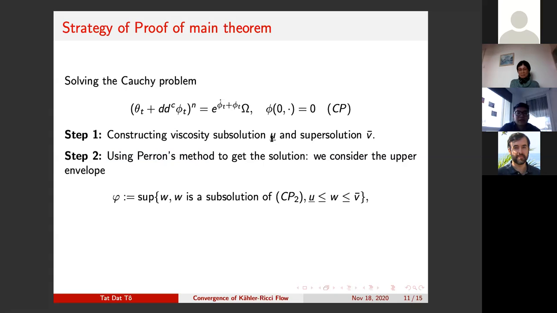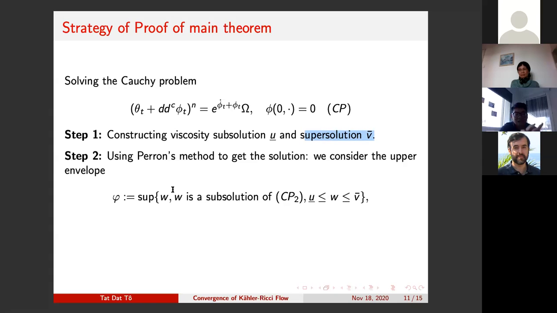Once we have a subsolution and supersolution, we take the supremum of all subsolutions of the Cauchy problem, CP, such that the function is bigger than the viscosity subsolution in step 1 and less than the supersolution in step 1.